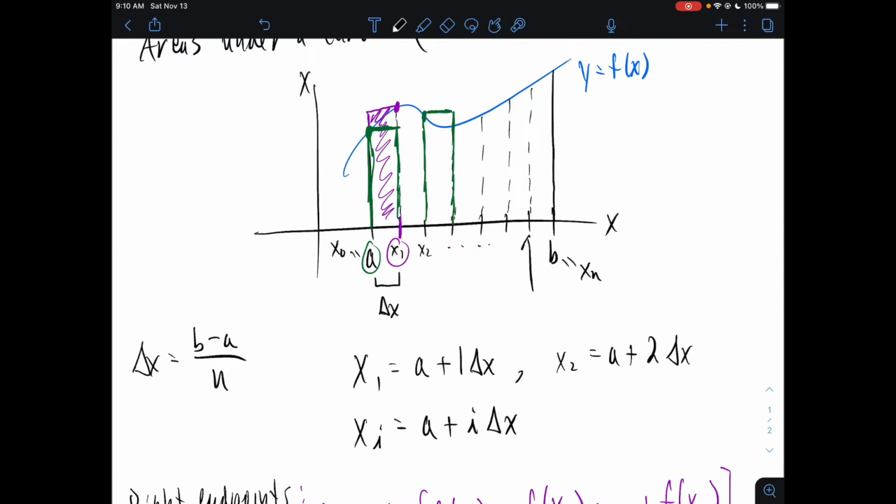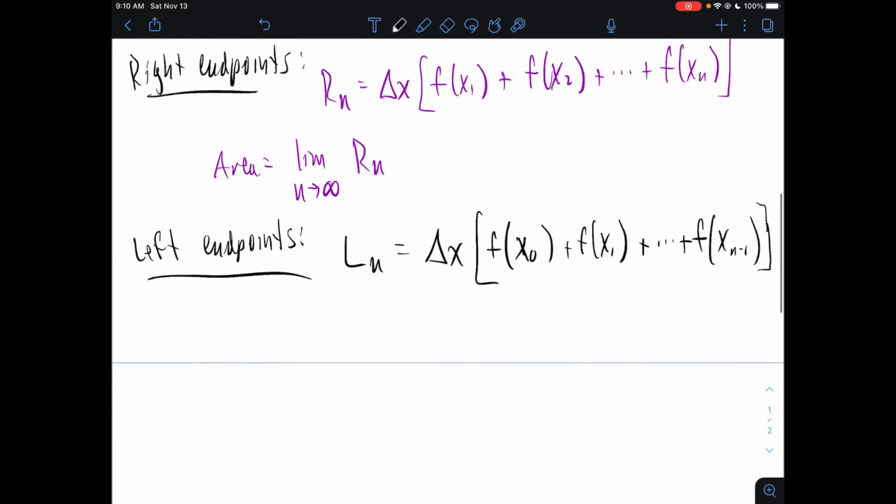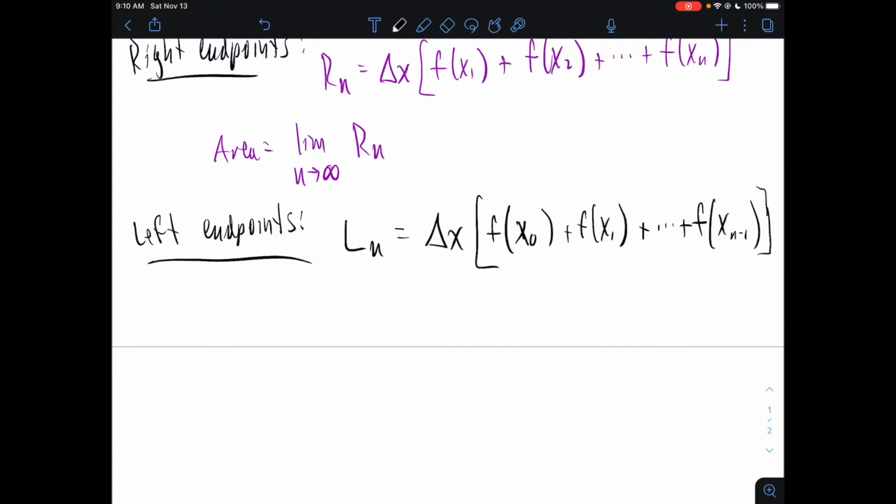That would be right here, x n minus 1. And again, if we take the limit as n approaches infinity of the sum of these left endpoints, then we get our area. So that's how we can find area using left and right endpoints. How does this relate to distance?